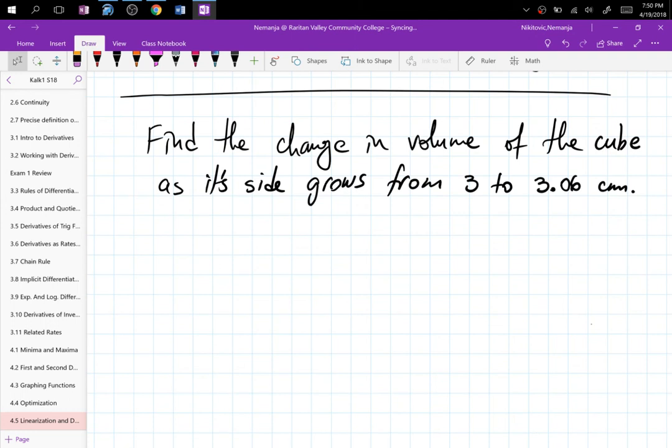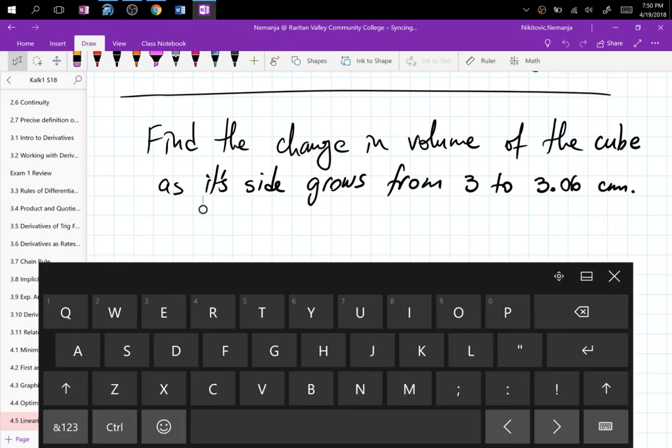Simply, you are asking what's the difference between the old volume when the cube had a 3 centimeter side and the new volume now with the 3.06. You know what happens with materials when they get heated. They get bigger. When cooled, they shrink. Other than ice. But ice actually picks up moisture and grows that way. It's not the same principle, but anyway.